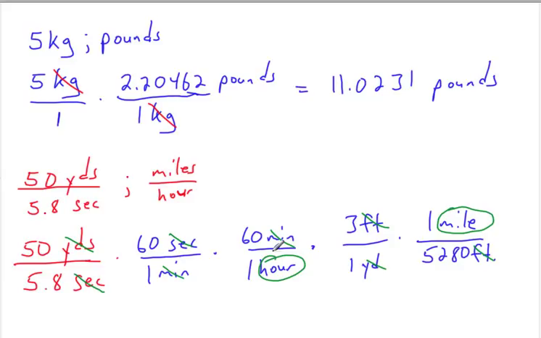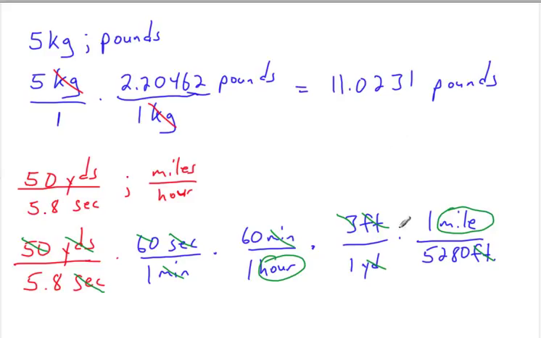So I'm just gonna use a calculator to multiply everything on top and then divide by everything on the bottom. So I'll do 50 times 60 times 3. That's equal to 9,000. So that was 50 times 60 times 3. Oh, I forgot that's 60. So times 60.